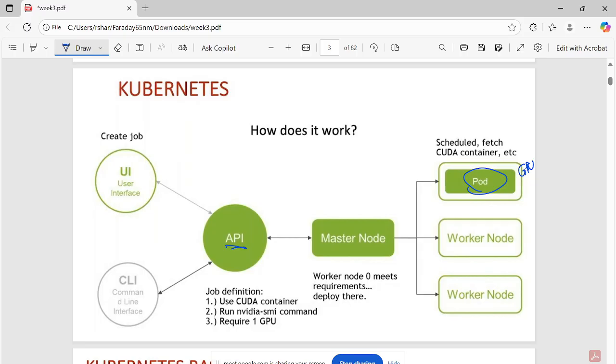In case it is a GPU, then we have to install the appropriate CUDA drivers. So whether it has a GPU or it doesn't, we have to set the environment for the worker node. But the effective idea is to create this using a job and run it on a worker node as a pod. So this is how Kubernetes is set up.